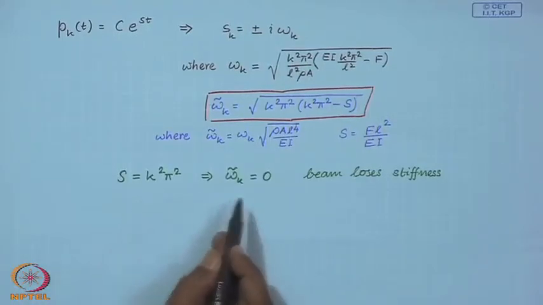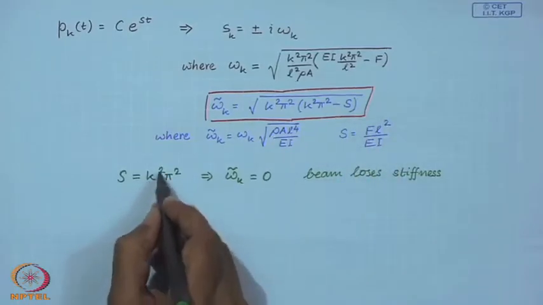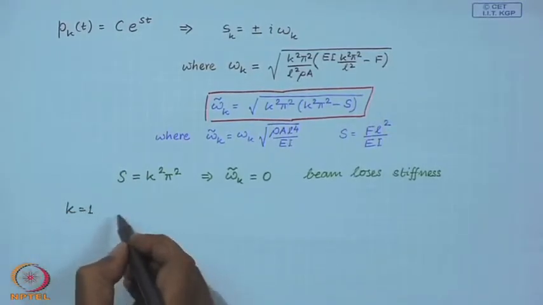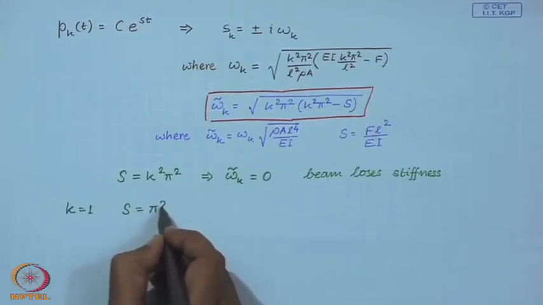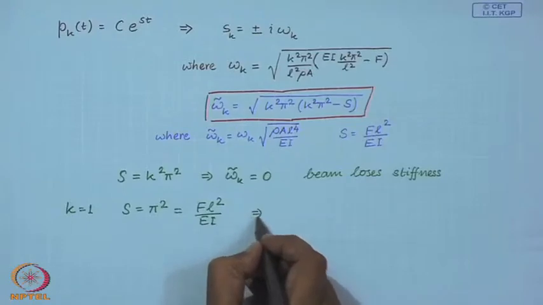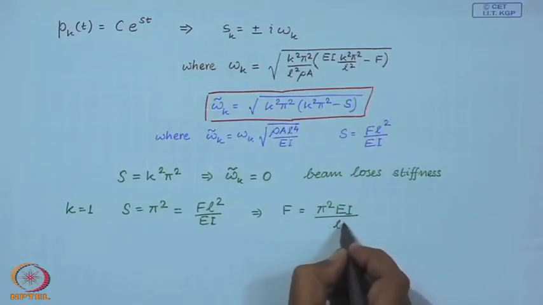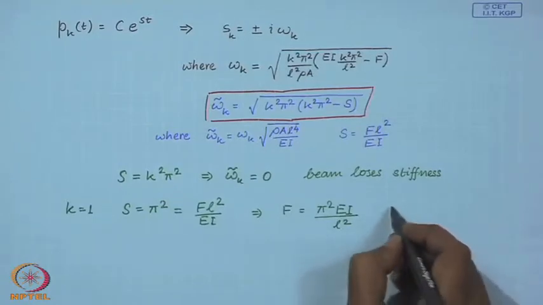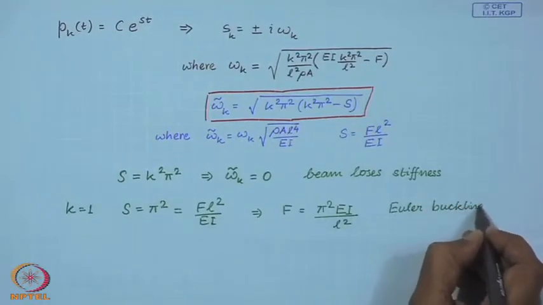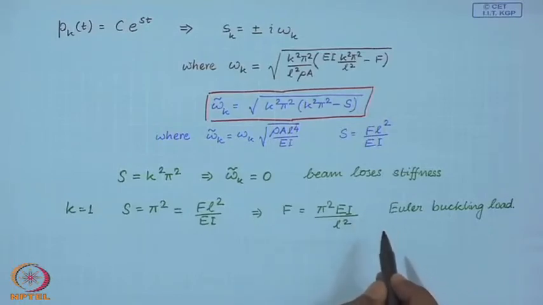Now, if you substitute here for the lowest mode, when k is 1, then S is pi square, and from here we know that it is F L square over E I. This expression we know as the Euler buckling load.